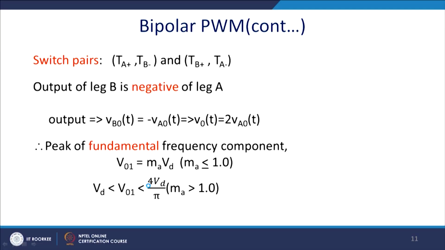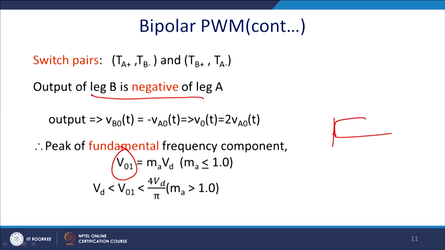Now, what happens when the pair of switches Ta plus, Tb minus and Tb plus, Ta minus operate? When leg B is the negative of leg A, you get the output voltage VO, given by minus 2 VAO. Thus the fundamental voltage available is m times the DC link voltage in the case of the full bridge configuration, and in the half bridge configuration it will be half of it, provided that the modulation index is less than 1.